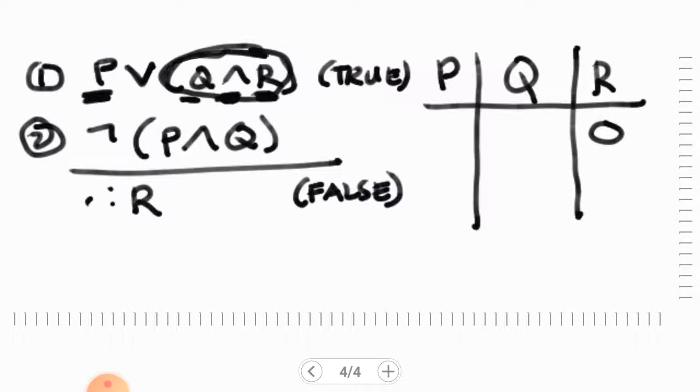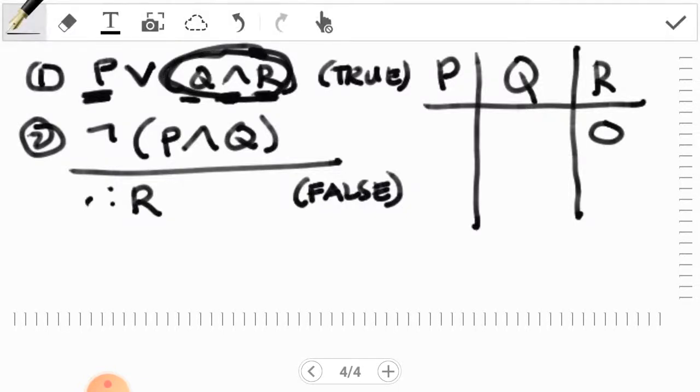Since this entire thing is already false, for this whole premise to be true, then we have no other choice but to set P to be true. Okay, so we're done with premise number 1. Now, for premise number 2, we want this to be true also.